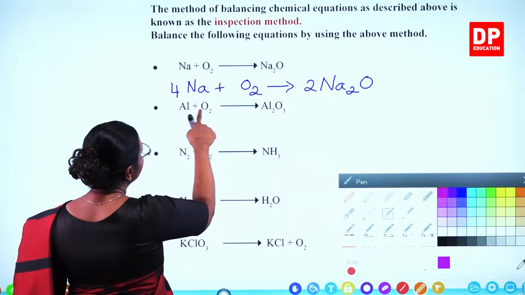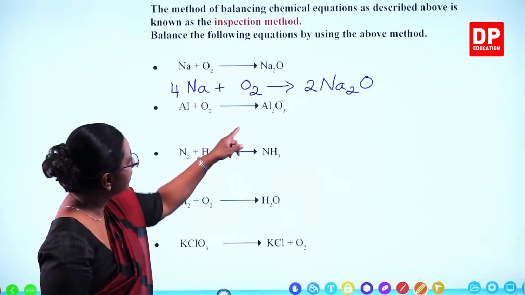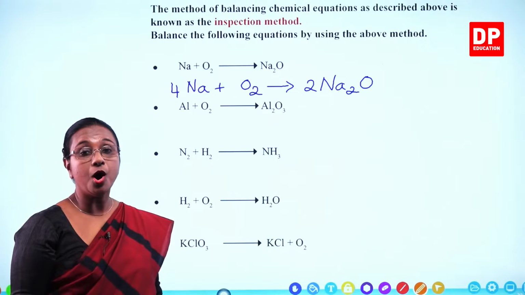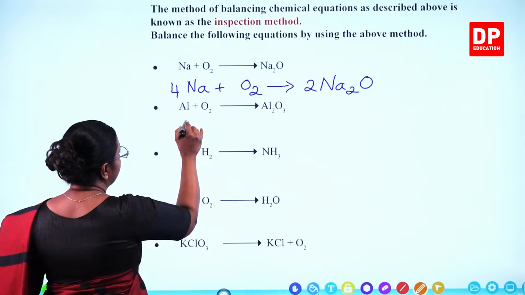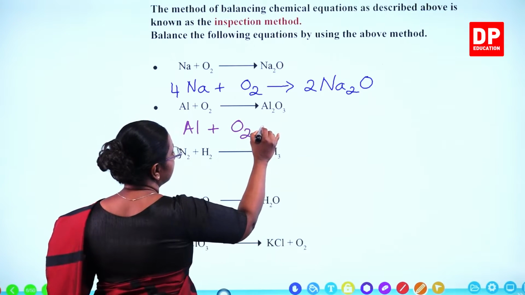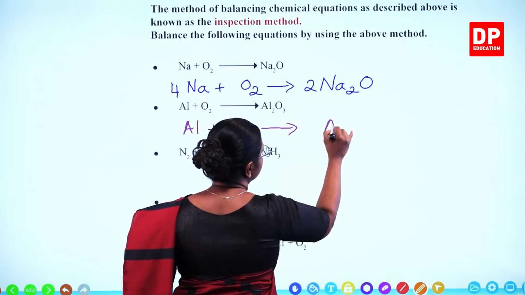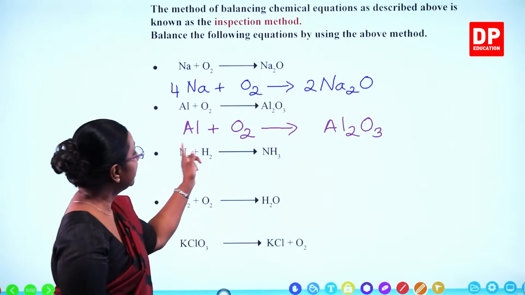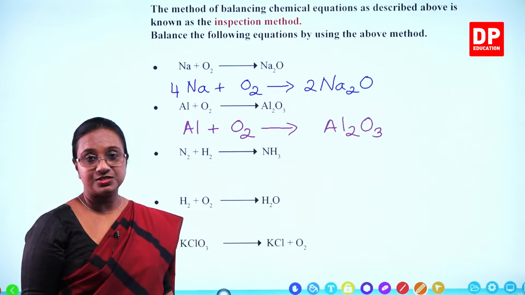Second one, aluminium plus oxygen giving rise to Al2O3, aluminium oxide. So, aluminium plus oxygen giving rise to Al2O3. Again, you can see that, students.